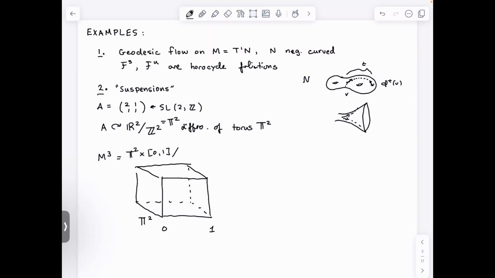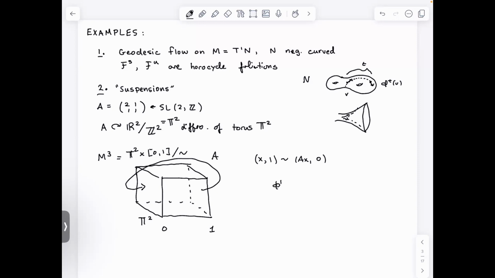And then I'm going to glue the front to the back. This is where we're the torus, right? So I already glued top to bottom and side to side. I'm going to glue the front to the back with my map A. So the way I've drawn it is I quotient by this equivalence relation where (x, 1) is equivalent to (A(x), 0). It's just the mapping torus of this map. Okay, so that's a three-manifold.